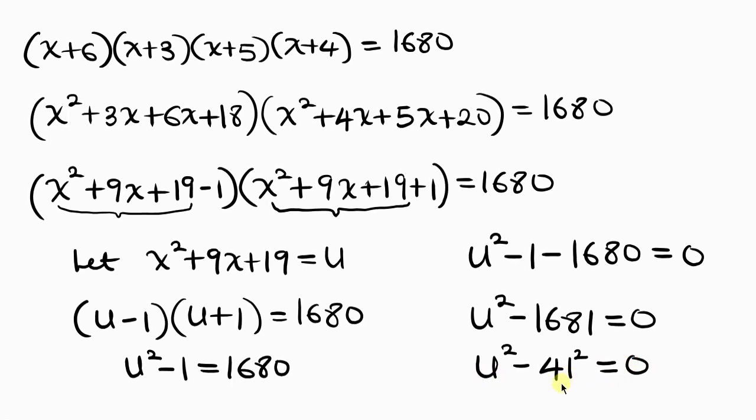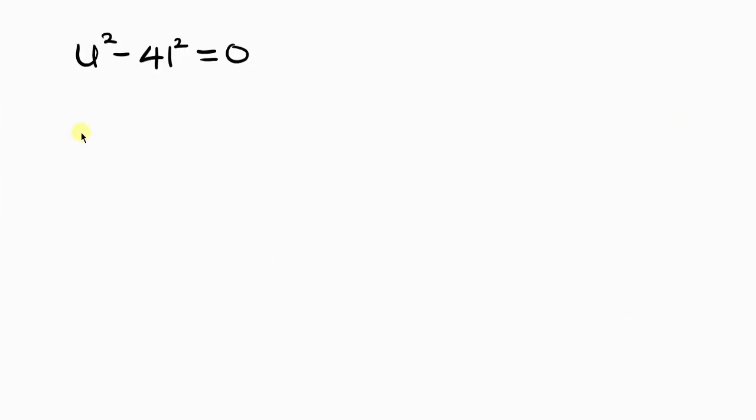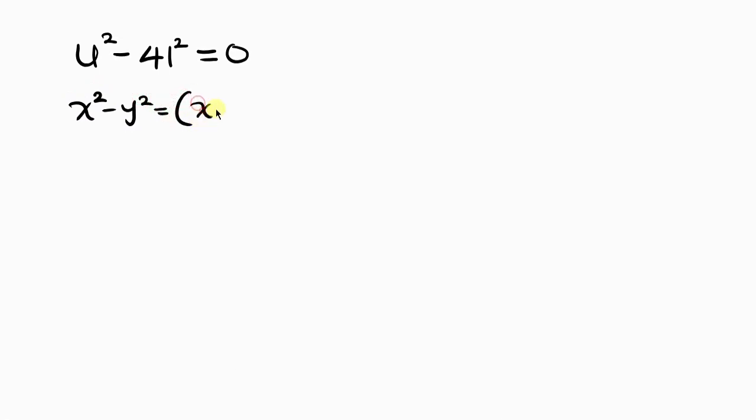Now take note that we have a difference of two squares. For a difference of two squares, we have the property that whenever we have x squared minus y squared, this is the same as x minus y times x plus y. So let's apply this to what we have here.